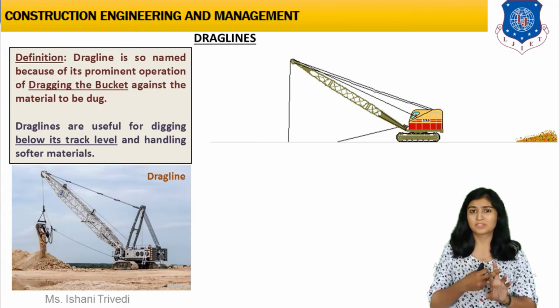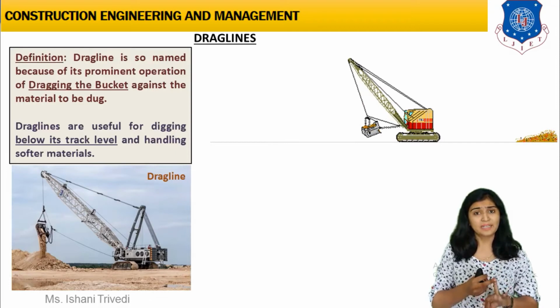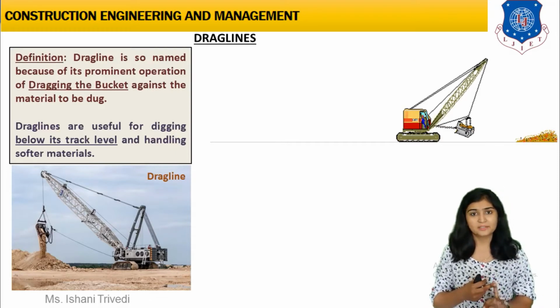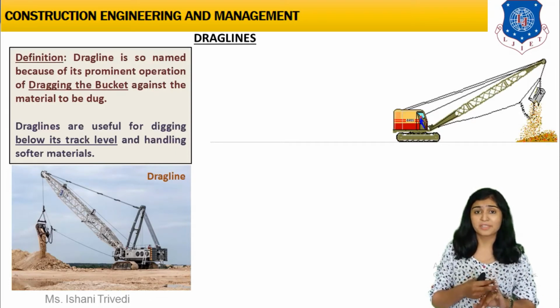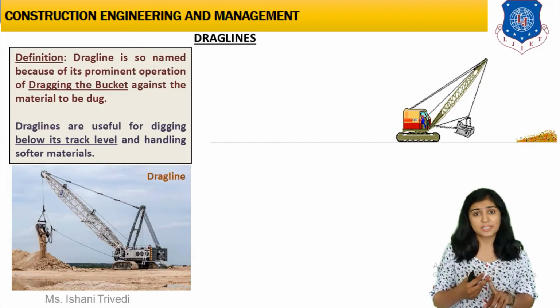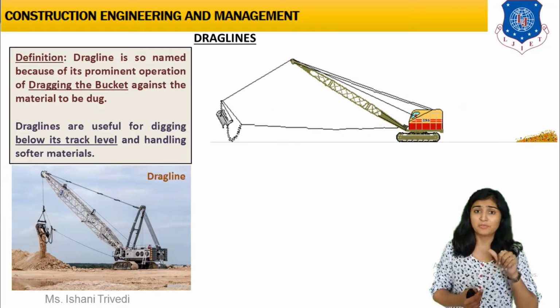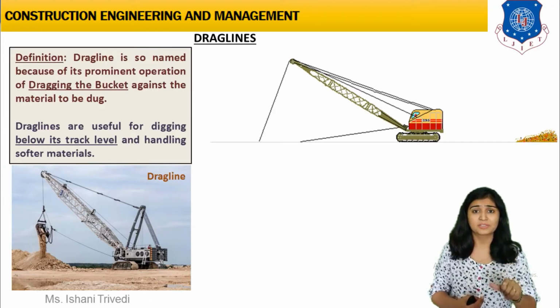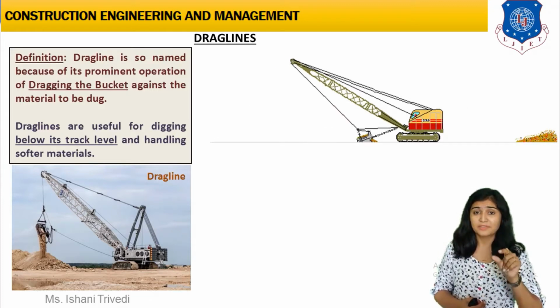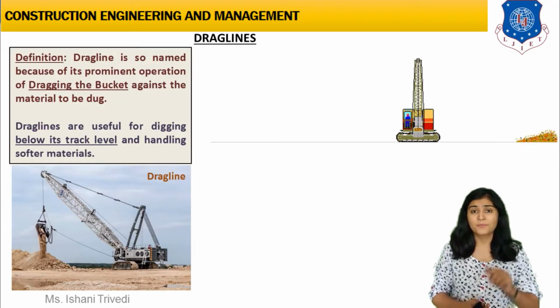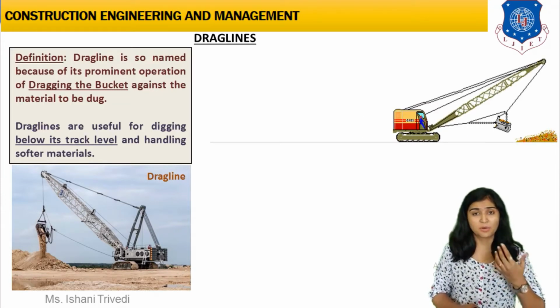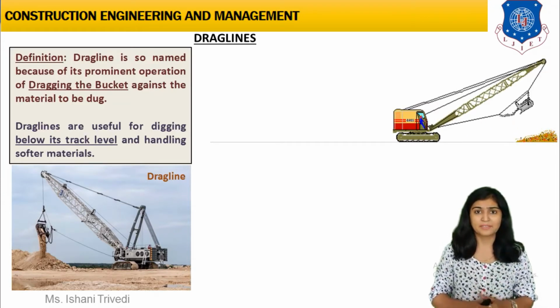Then we will talk about its operation and working, and at last its advantages, disadvantages and specific applications. The applications are important for us because each and every type of excavator is going to have various specific applications. We will have specific parameters and points about at what place and at what condition this type of excavator is used.